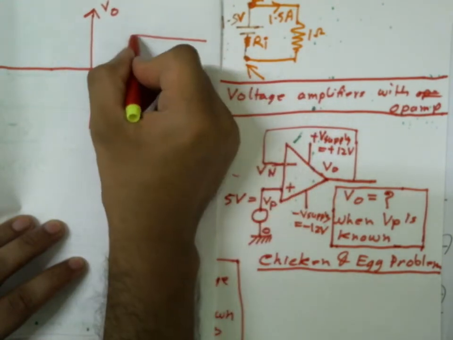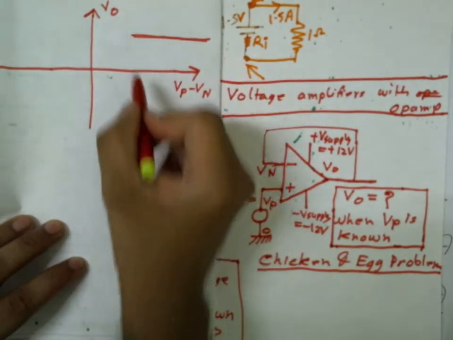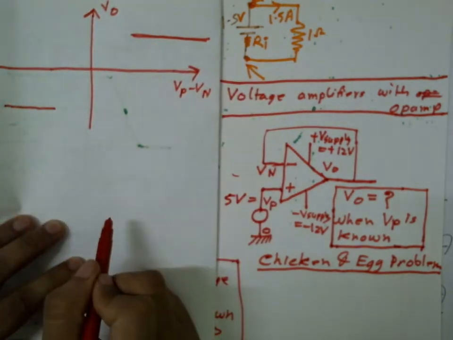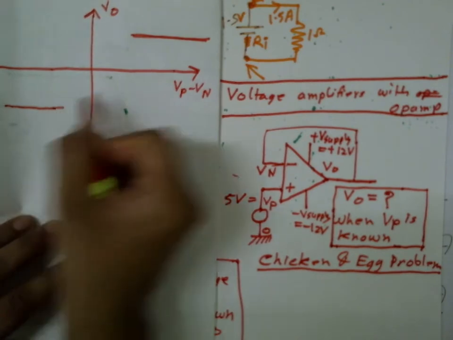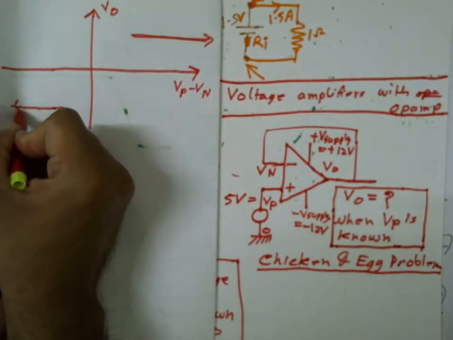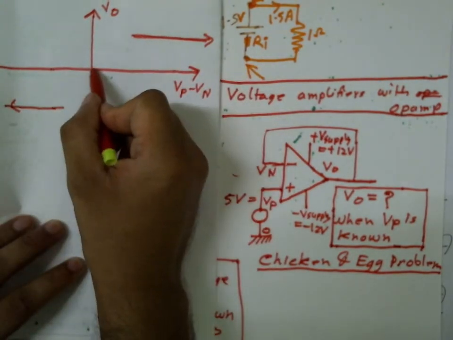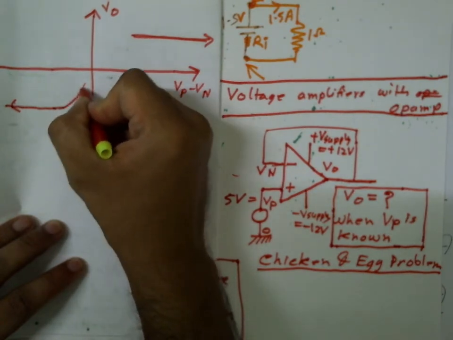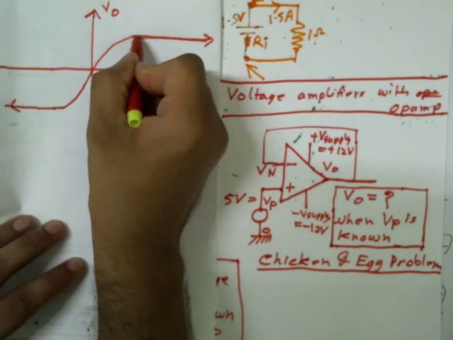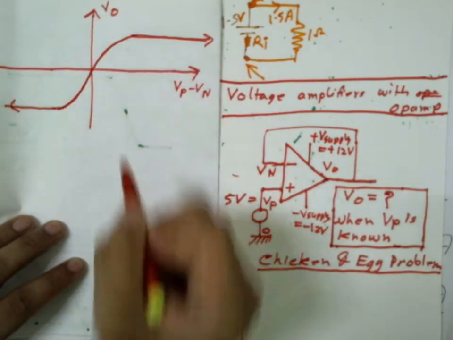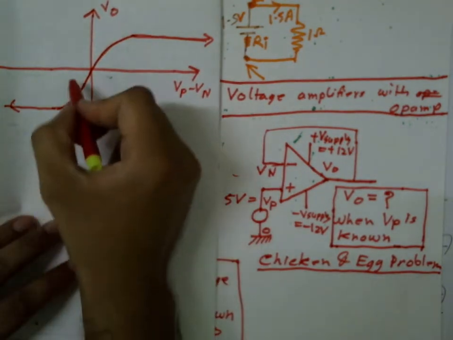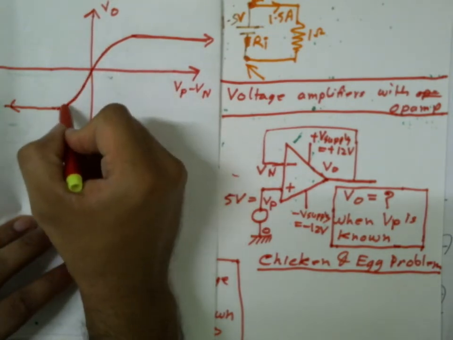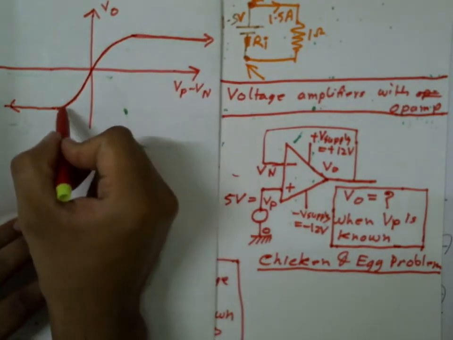When Vp is greater than Vn, the output is positive. This side, when Vn is greater than Vp, the output is negative, and it stays constant like this on both these sides. And near zero, the value of the voltage gradually changes from a positive to a negative value. Okay, exact shape of this curve is not very important, but it gradually goes from negative to positive.